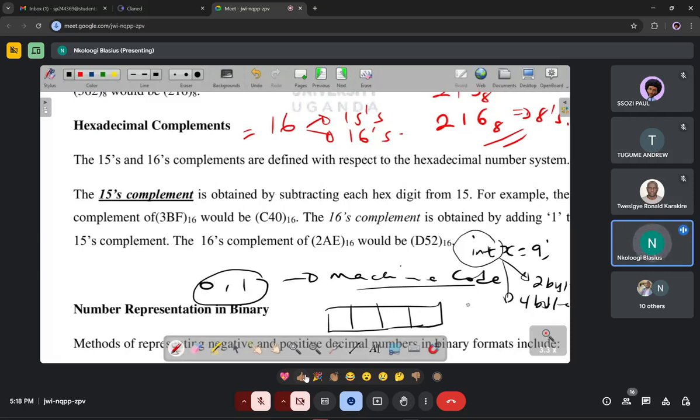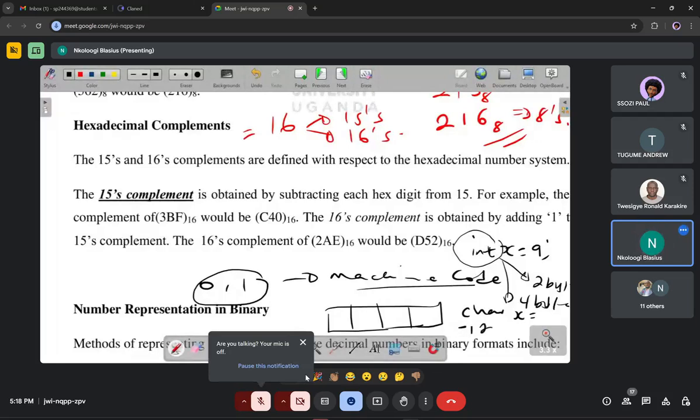Now you reach a situation where maybe you need to use characters. Character is also a data type, but maybe at some point you wanted to store a negative value, maybe negative 20. So how would you store this value of negative 20?